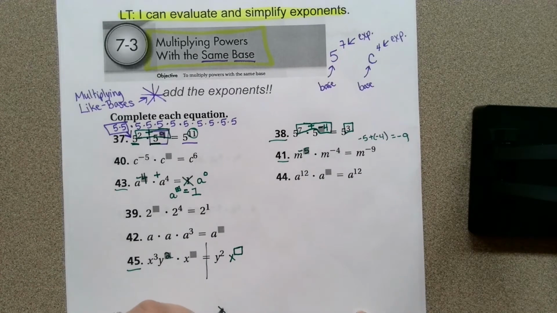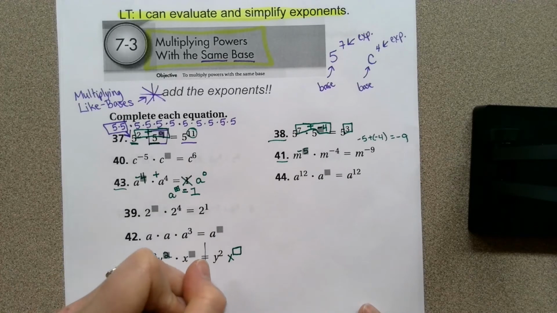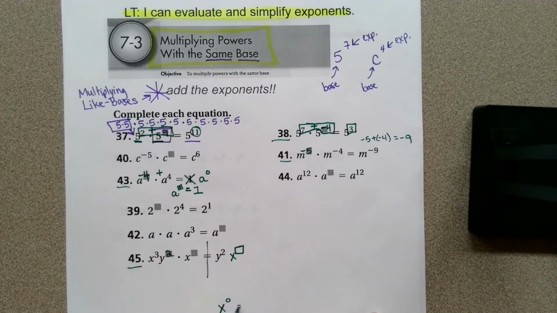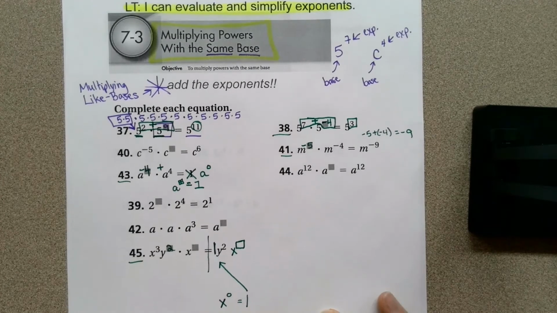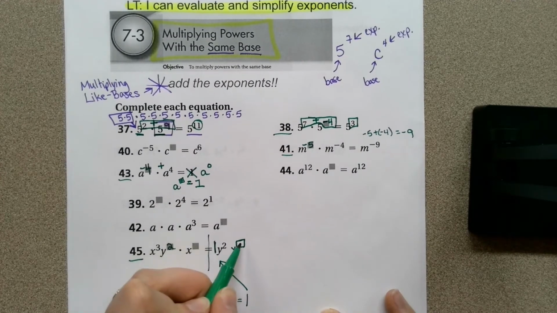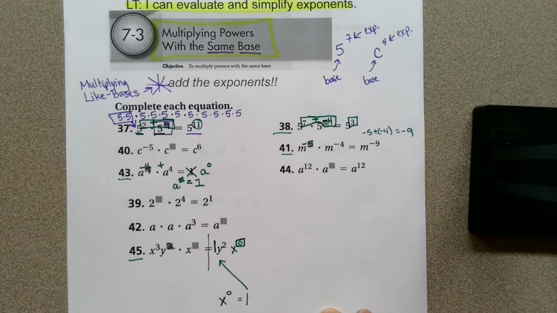We know that x to the 0 power is equal to 1. And 1 wouldn't have to be written as a coefficient. So this also has to be to the 0 power because then we wouldn't have to write it.